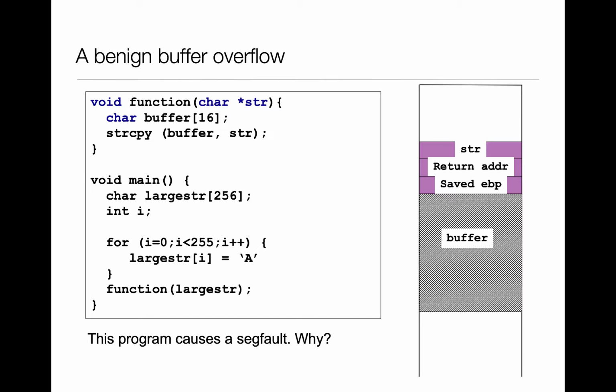It doesn't check to see if the destination buffer is at least as big as the source buffer. So in this case, it's trying to copy a 256 character long string into a 16 character buffer. And of course, it's going to overwrite all these other components in our stack.